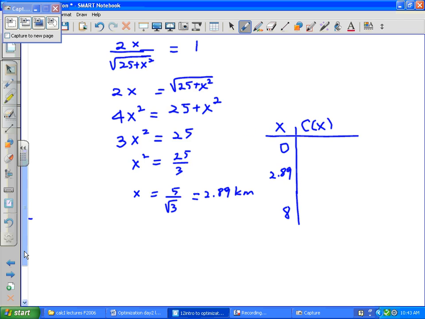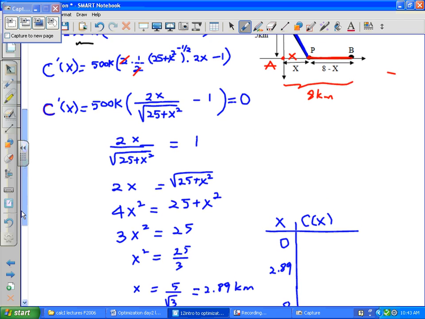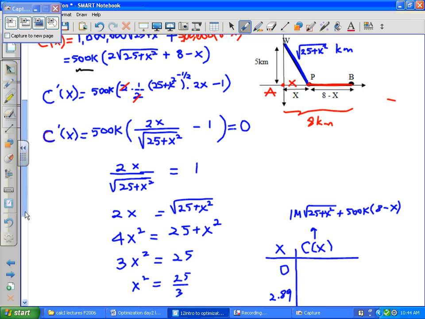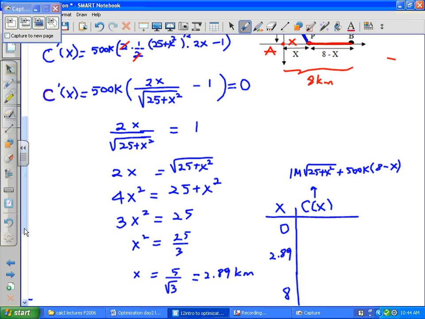And the cost function was not C prime, but C, right? 1,000,000, I'm going to abbreviate it by 1m, times the square root of 25 plus x squared plus 500,000, abbreviate as 500k, times 8 minus x. Go ahead and enter this into your y equals screen. And then go to your table and enter these 3 numbers. Let's see what we get.